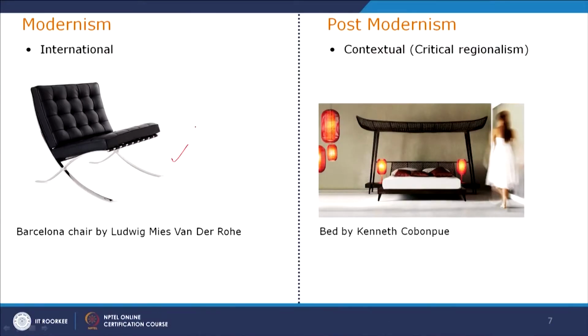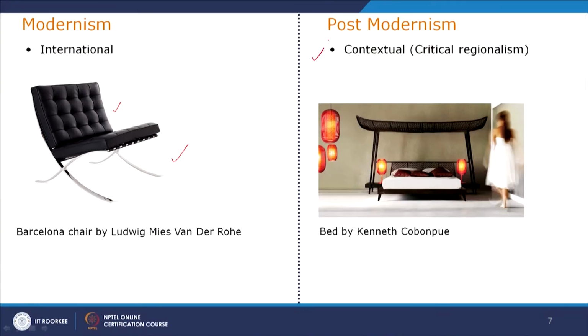Now in the internationalist approach, a particular design can fit any context. This is the Barcelona chair by Ludwig Mies van der Rohe, and it does not have any particular contextual depiction of a region. It's not a region-specific design, it's an international design which can be anywhere across boundaries.